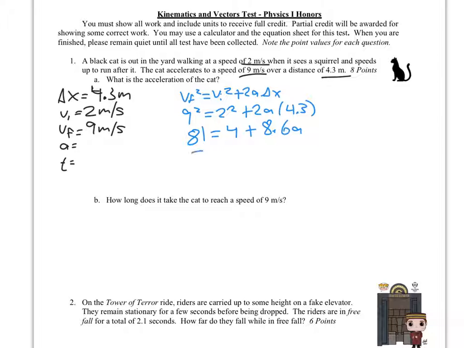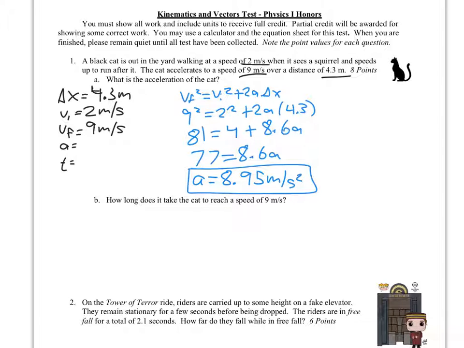I go ahead and subtract the 4 to get 77 equals 8.6a. Dividing by 8.6, I get my acceleration here is 8.95 meters per second squared. Solving for my time, I'm just going to set up a different equation here. We have a few options here, but the one that I'm going to use is the VF is equal to VI plus AT equation.